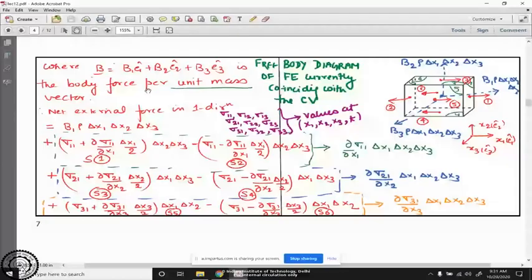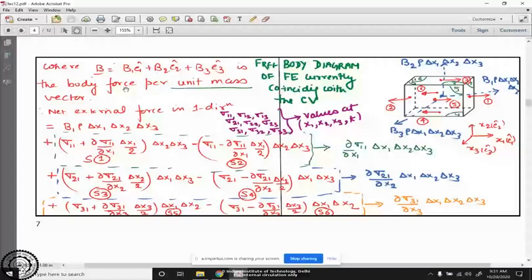That's what appears in the governing equation. It's not body force absolutely, but body force per unit mass. So to get the absolute body force, I will have to multiply by the corresponding mass of the fluid element. That's what it is here.